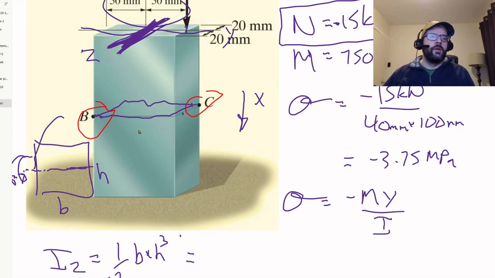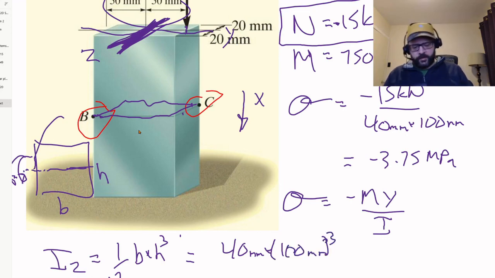So 40 millimeters times 100 millimeters cubed over 12. 40 times 100 to the third divided by 12.